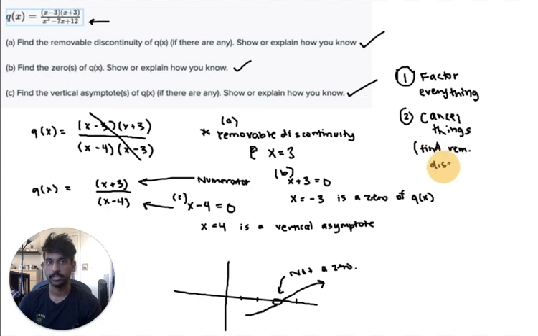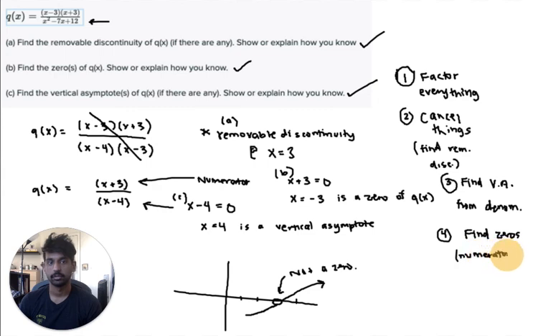Then step 3 is find vertical asymptotes, and you find that from the denominator. And then 4, find zeros. And where do we look for that? We look for that in the numerator. If you have any questions, let me or Miss Adu know.